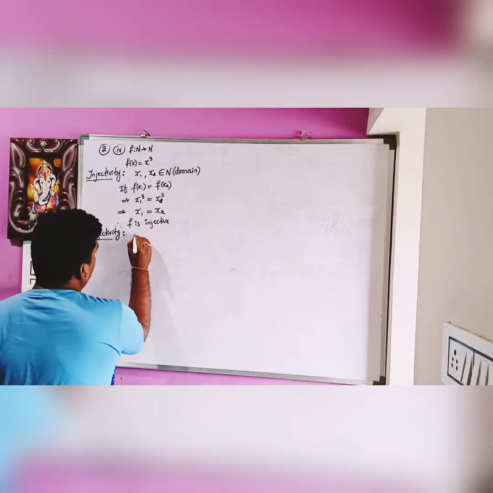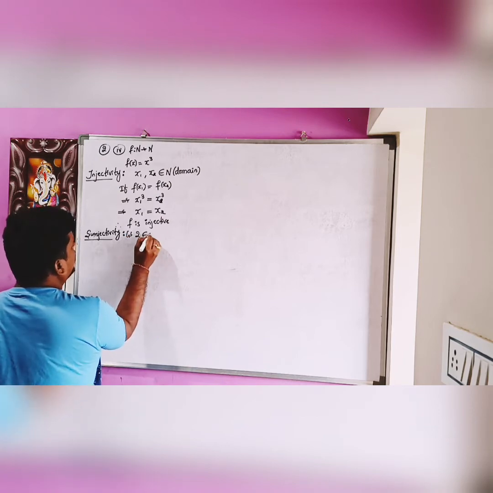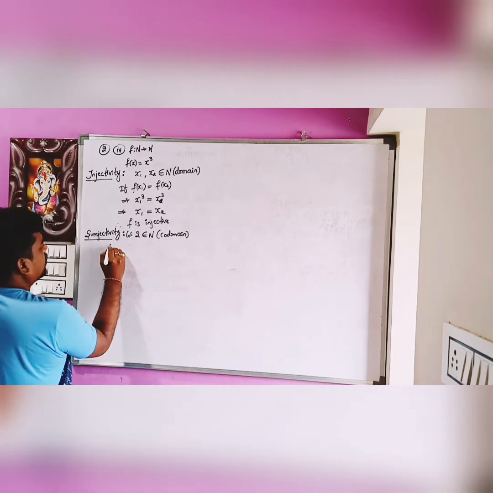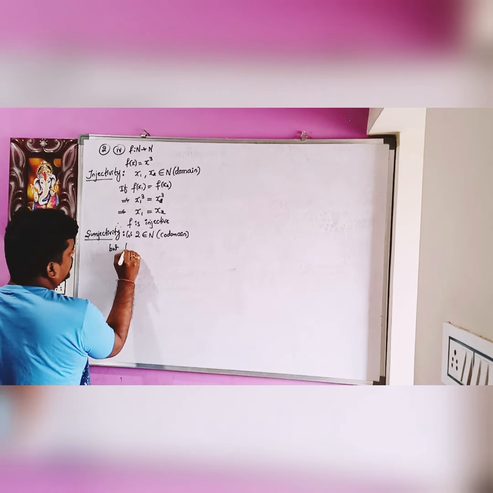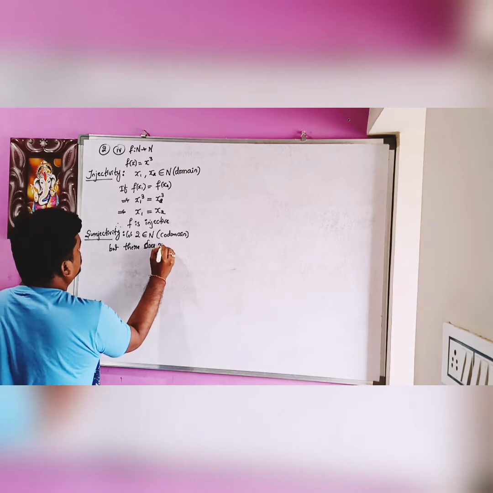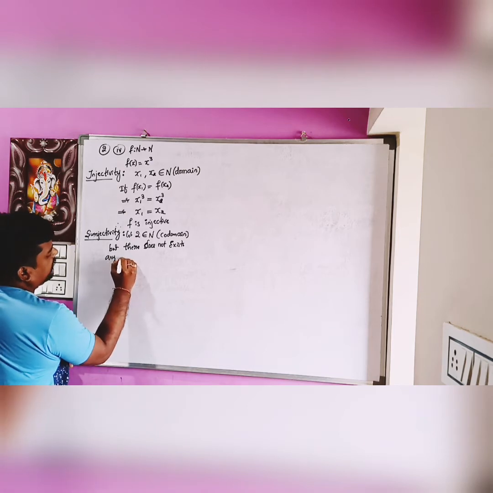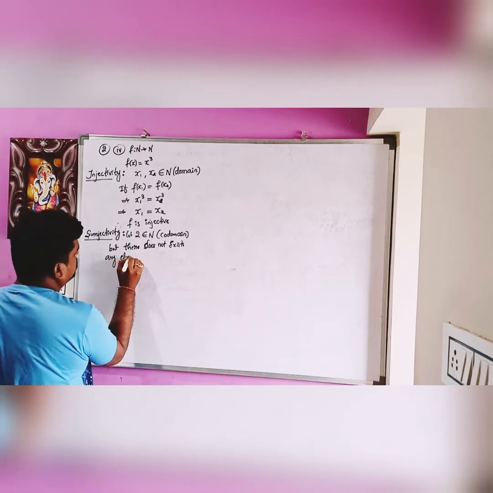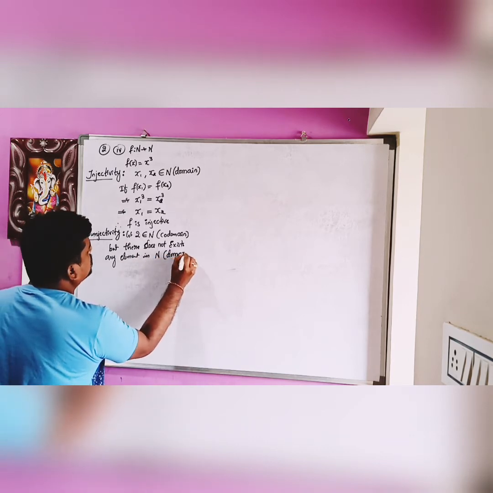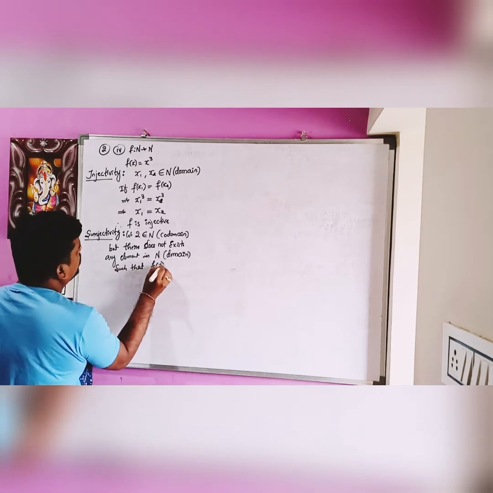So we can say there exists an element. Let 2 belong to the natural numbers, that is the codomain. 2 is an element of the codomain, but there does not exist any corresponding element in capital N, that is the domain, such that f of x is equal to 2.